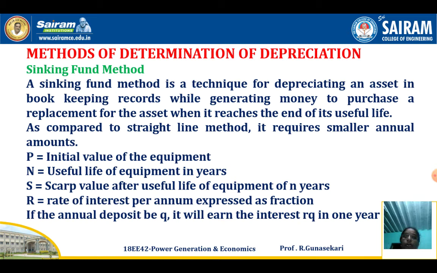Capital R equals the rate of interest per annum expressed as a fraction. If the annual deposit is Q, it will earn the interest small r into Q in 1 year only.